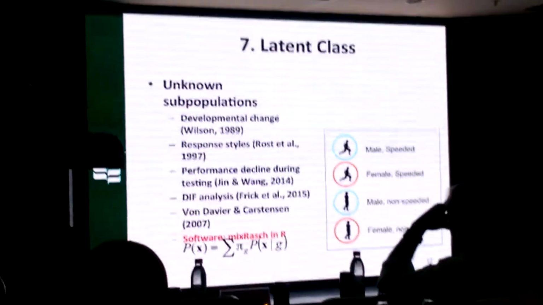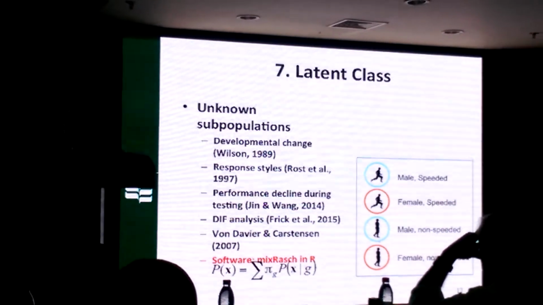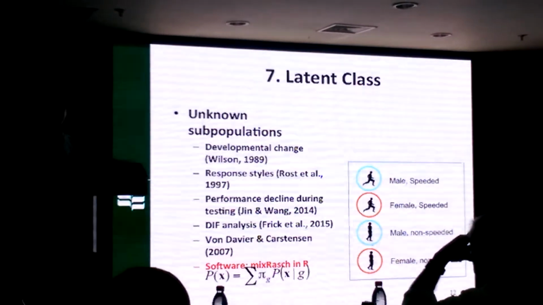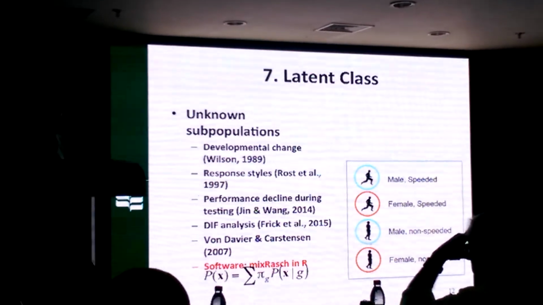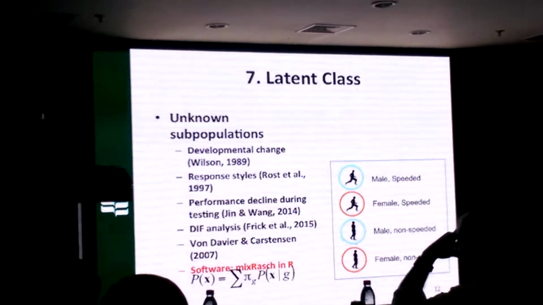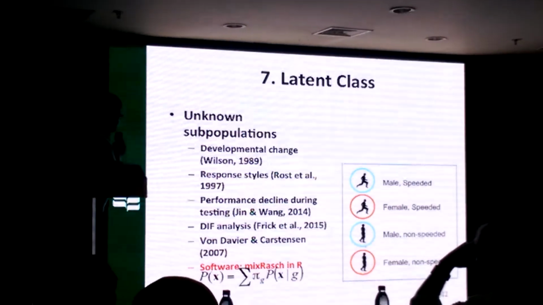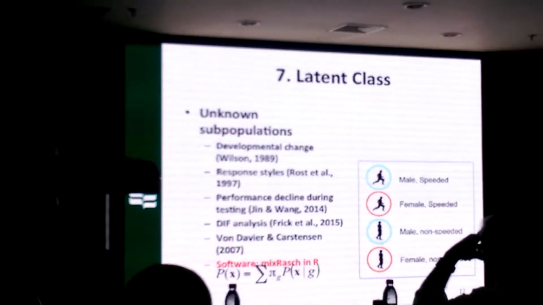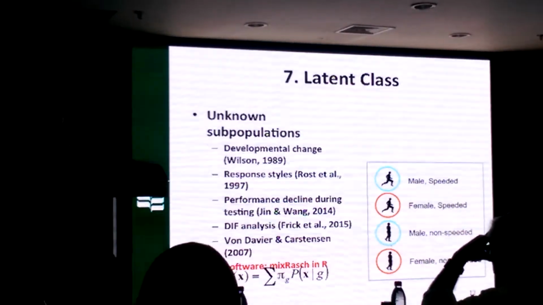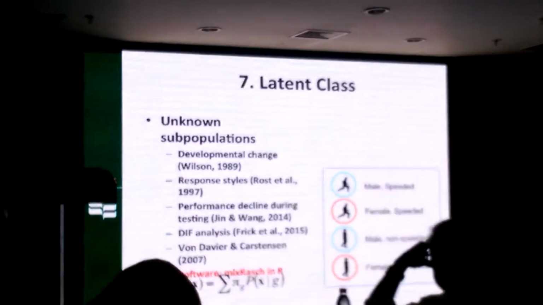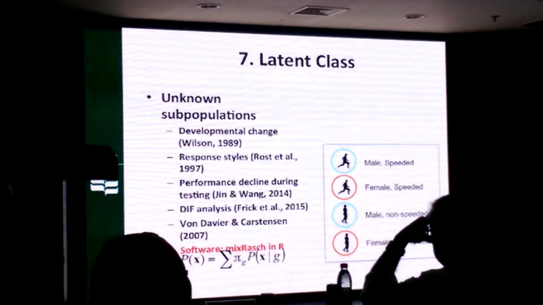So it's possible that persons from different subpopulations have different responses to our test. So we need to consider that the subpopulation membership is unknown in this case. That's why we call it latent class, because the class membership is unknown.